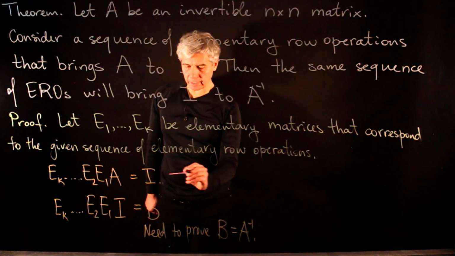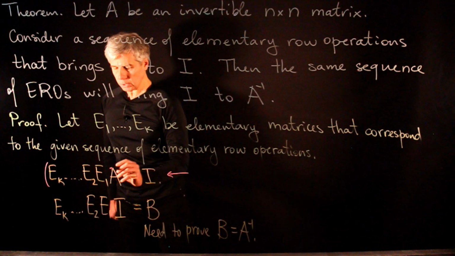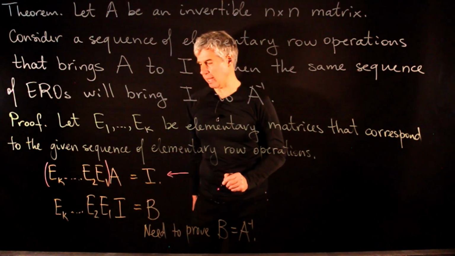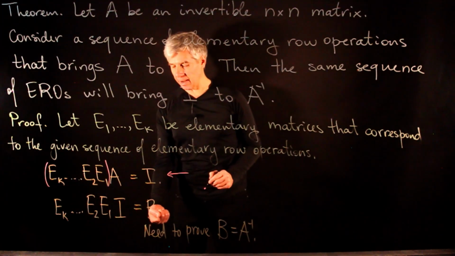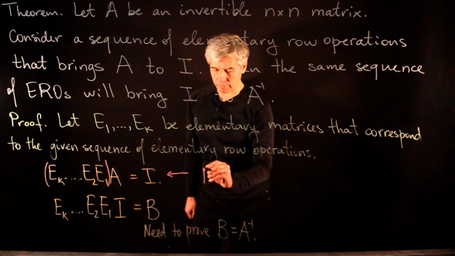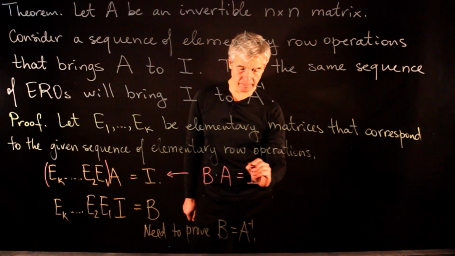Now, let us look at the first equality. Applying the associative law, we can group our factors on the left in the following way. And then we see that this first factor is precisely our matrix B. So this first equality can be written as B times A is equal to identity.